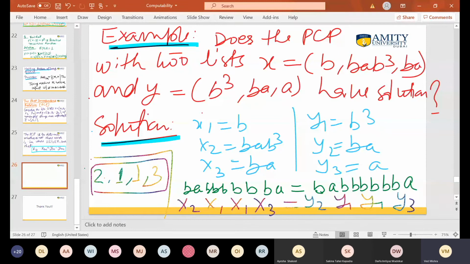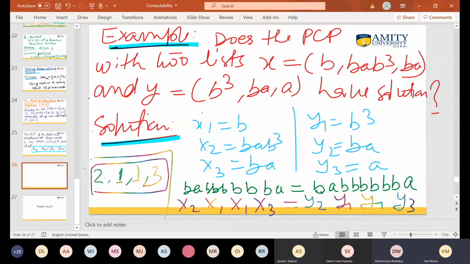So now if you write it in this form, check whether the left hand side is equivalent to the right hand side or not. Can you see the left hand side string is exactly the same as the right hand side? Yes, sir.